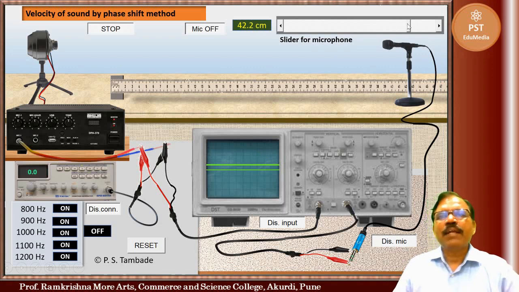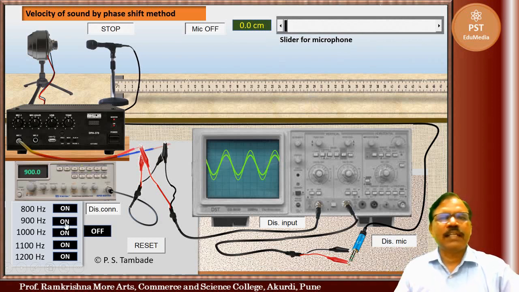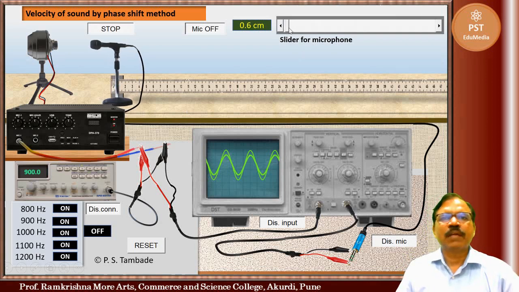Now take the microphone to its initial position, and then turn on the 900 Hertz signal. Now you will observe that when frequency increases, wavelength decreases. You will observe that on the CRO screen. Now go on moving this microphone.